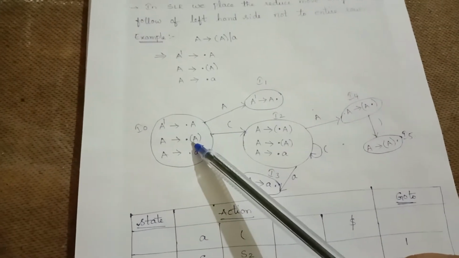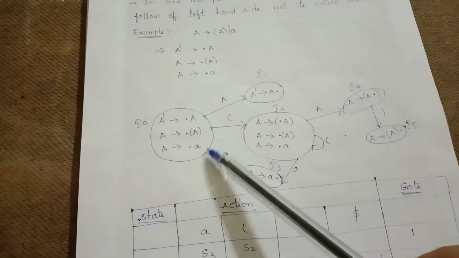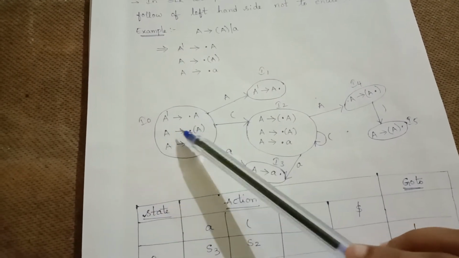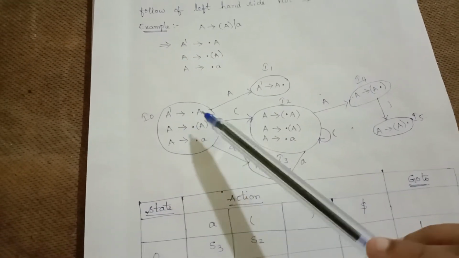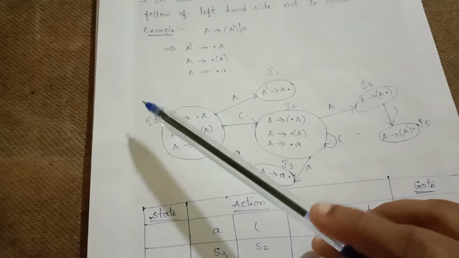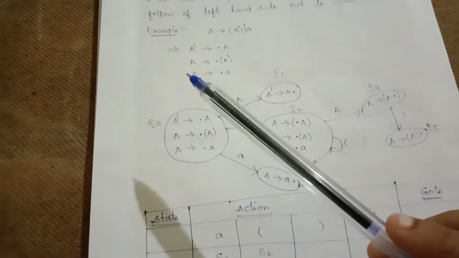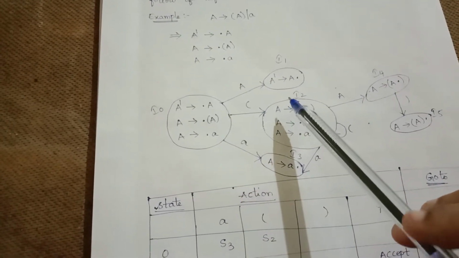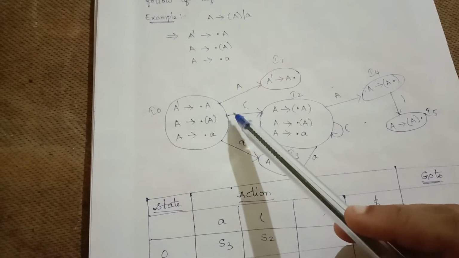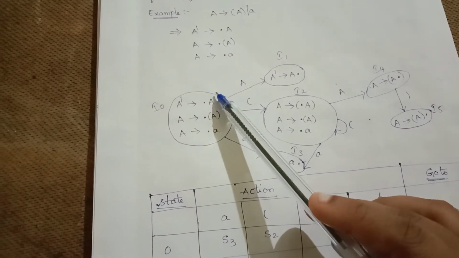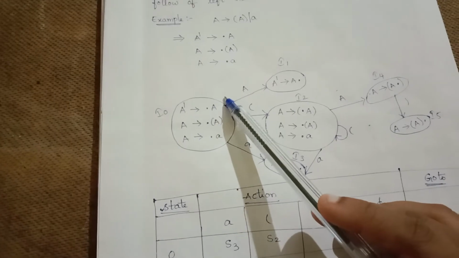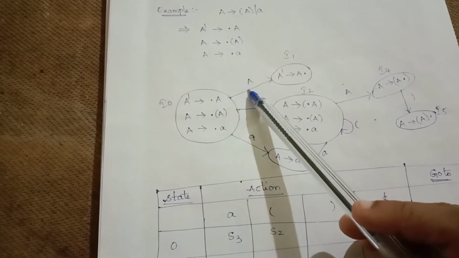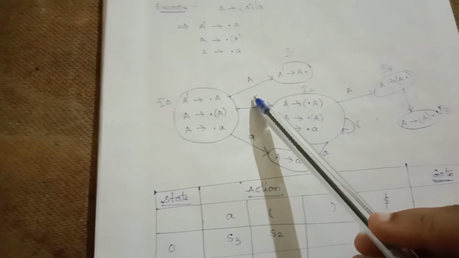Okay, now construct a data flow diagram. A dash tends to dot A, A tends to dot (A), A tends to dot A. I am considering this as state I naught. Now we need to move the states. The data flow diagram is nothing but the dot, which is placed at the start of the right hand side production, being moved to the last of the right hand side symbol.